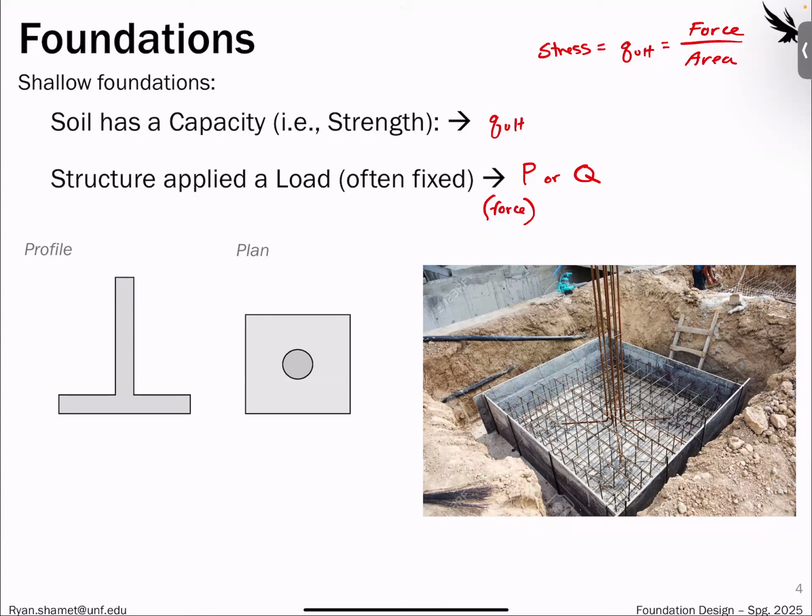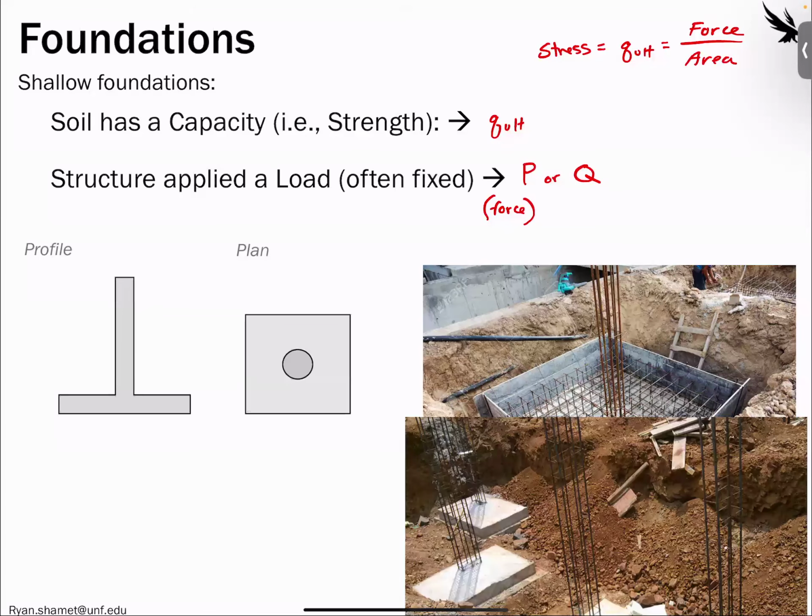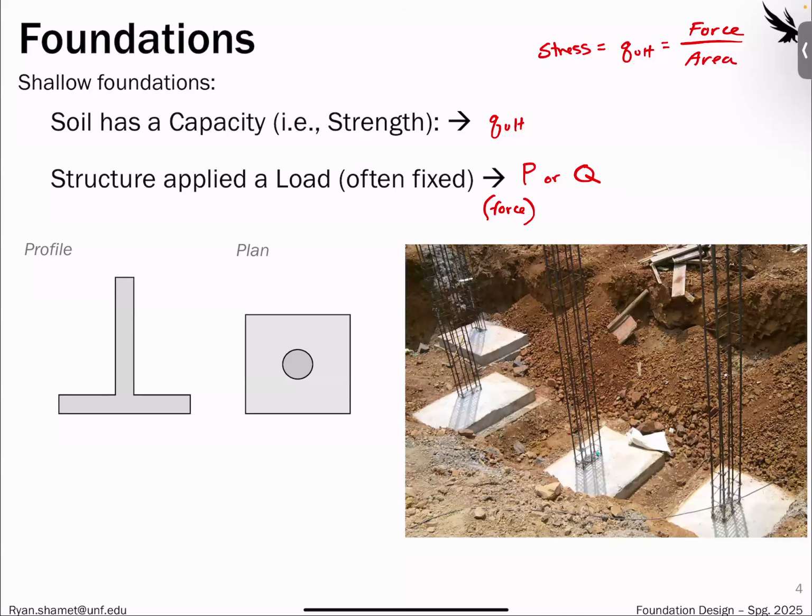Now, eventually, you could get to a point where the soil is either so weak or the load is so large that the area required is massive and it doesn't make sense. You might have overlapped area or something.